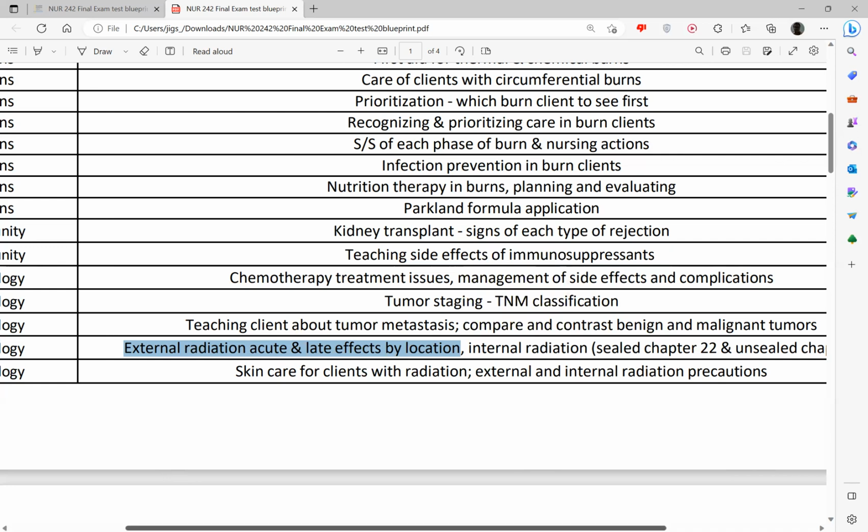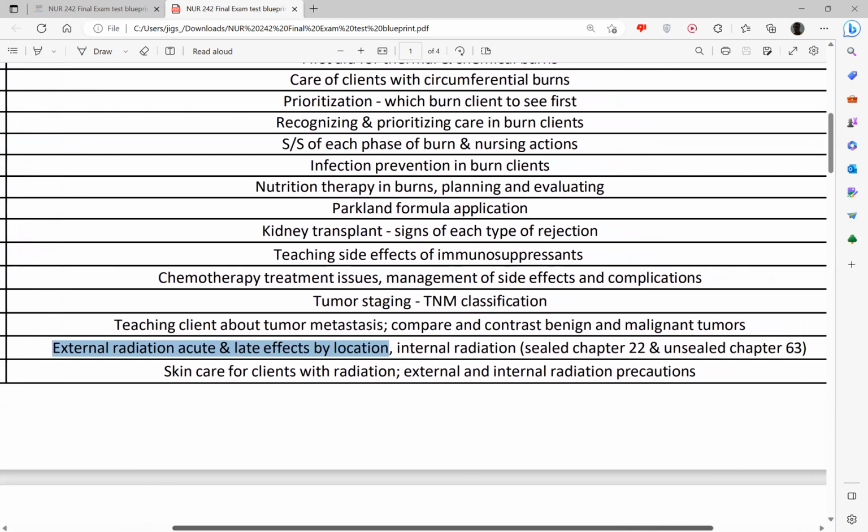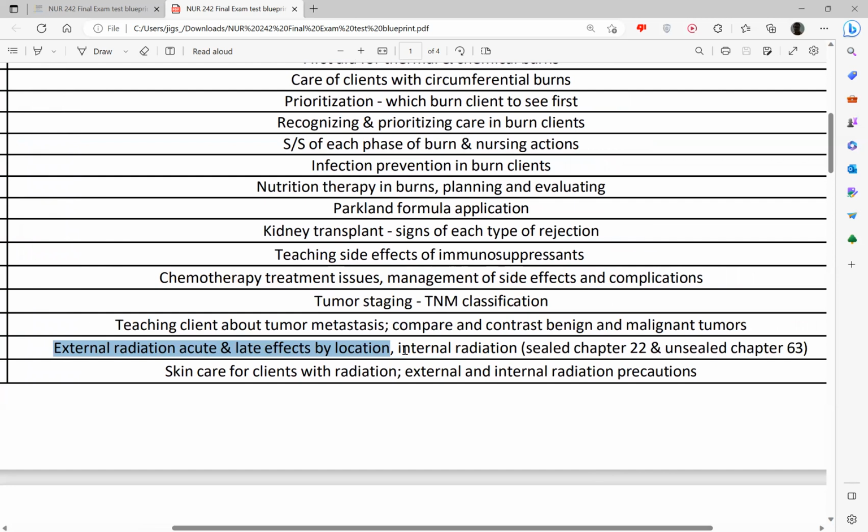What's the difference between sealed and unsealed radiation? Because in brachytherapy, there are two types: sealed or unsealed. The chapters are based on the other edition.